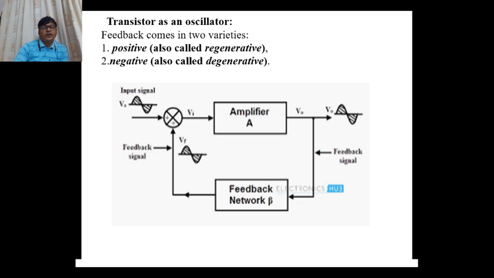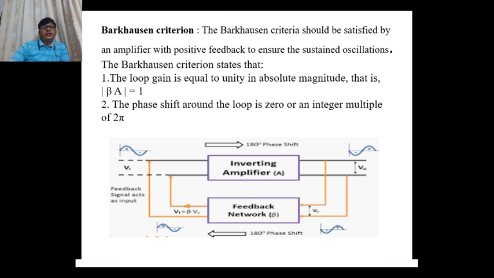Now in order to get the oscillator circuit, you have to see about the Barkhausen criterion. The Barkhausen criterion should be satisfied by an amplifier with positive feedback to ensure sustained oscillations. So in order for a circuit to become oscillatory, it must satisfy the Barkhausen criterion.